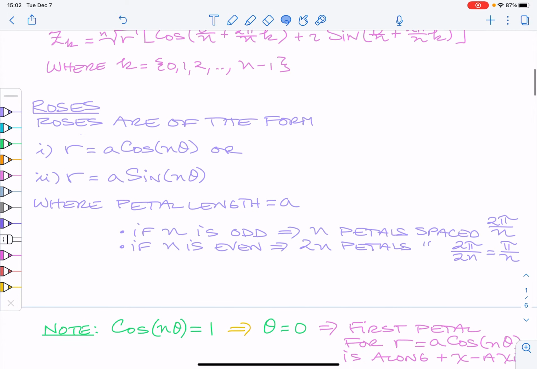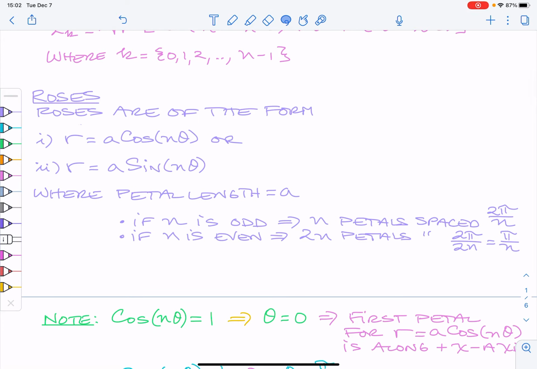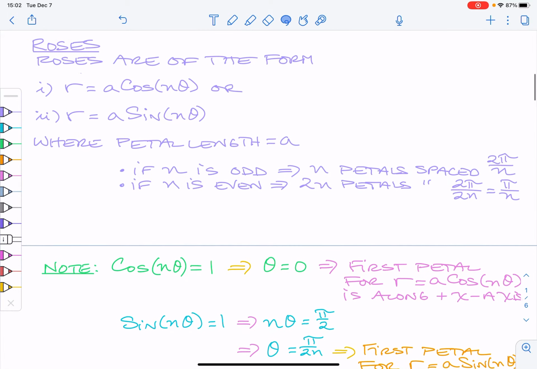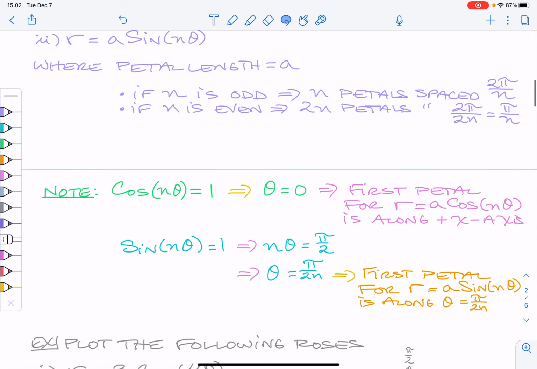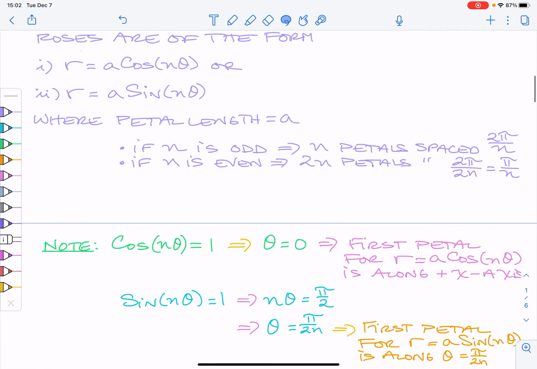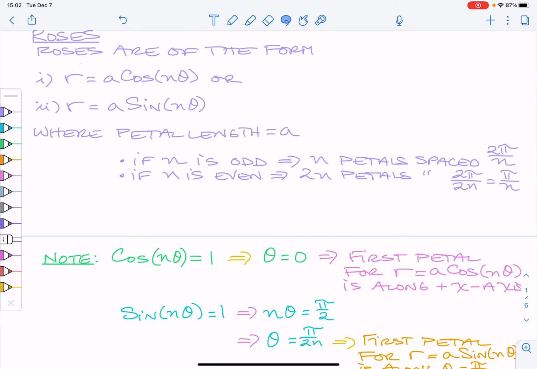So now we're going to talk about roses. Roses are of the form either, number 1, r equals a cosine of n theta, or number 2, r equals a sine of n theta, where petal length is a. If n is odd, there's n petals spaced evenly around the circle, so 2 pi radians divided by n.